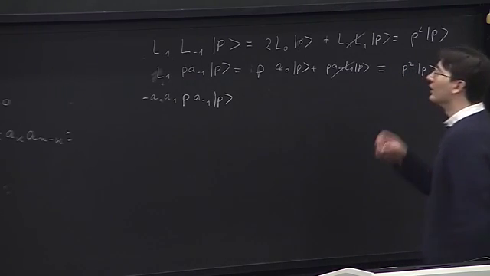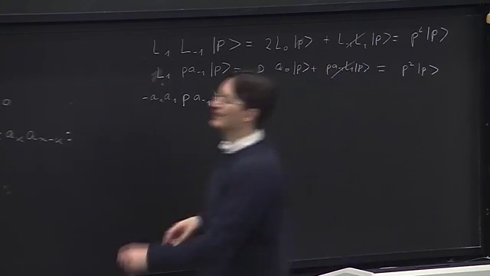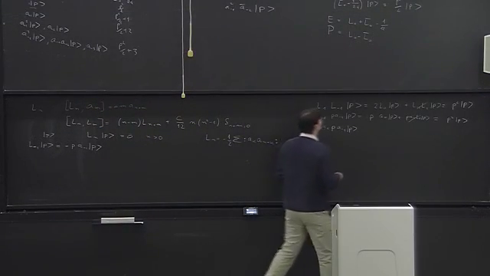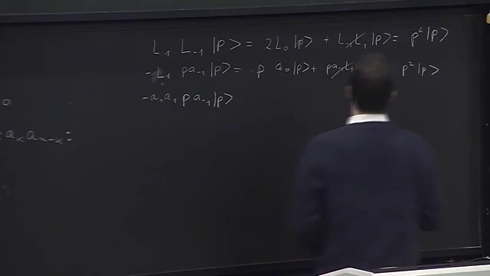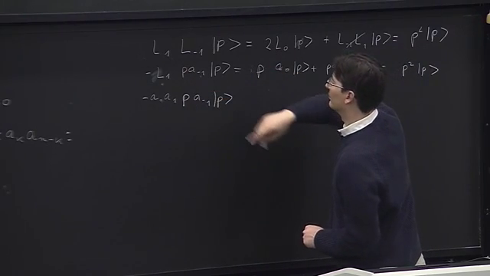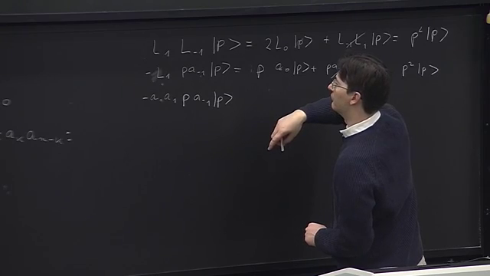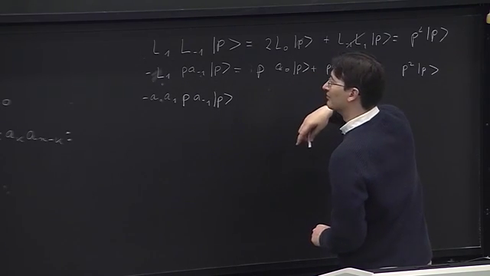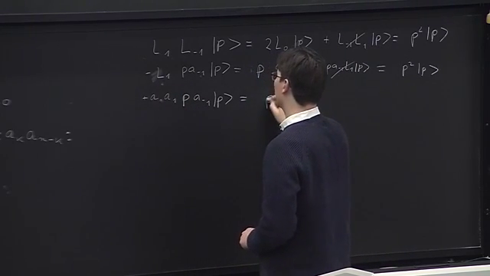I'm getting a wrong sign. Sorry, I was supposed to put the minus here. Okay, here I probably messed up a sign. I don't know why. But here I'm supposed to get, again, p squared.